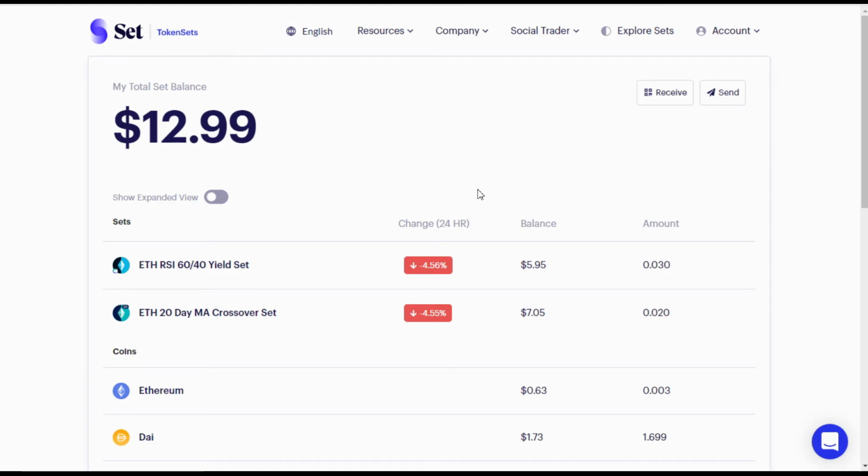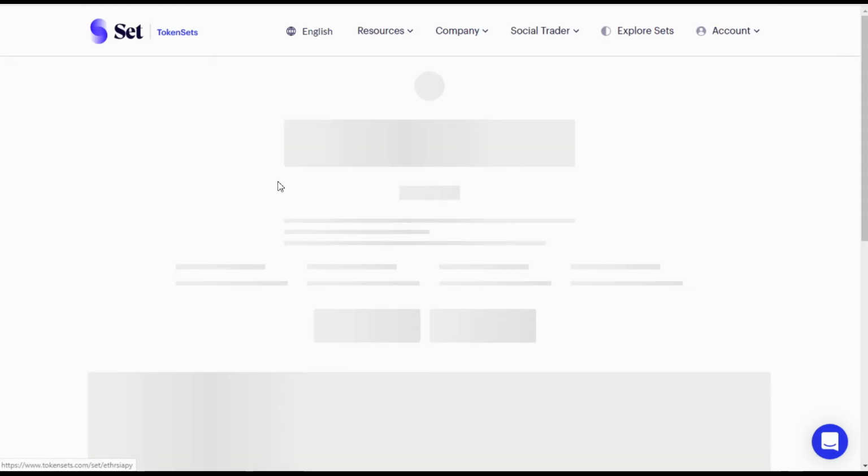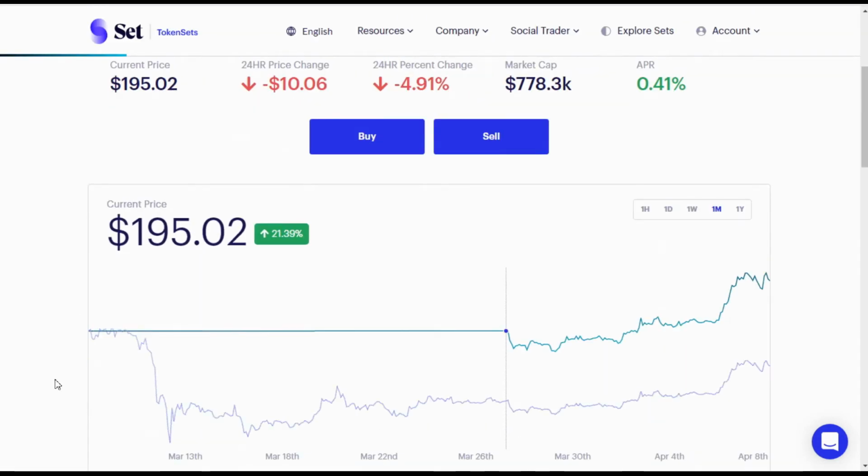Okay, so obviously I'm just waffling. So basically, as you can see here, these are my two sets. If you click on here, you can see how they have done. Obviously we had some massive drops here, and then gradually it has started to claw its way back.